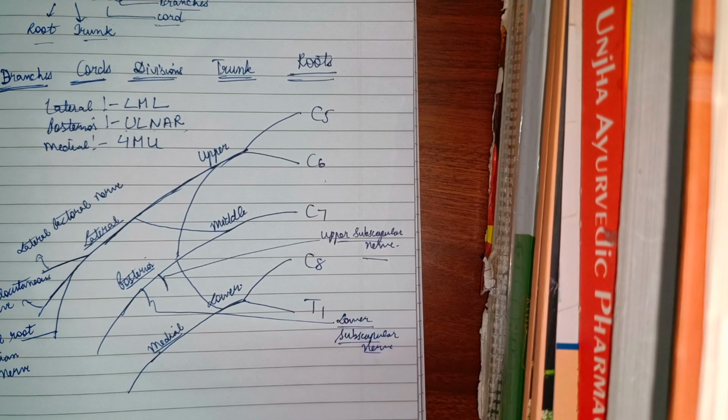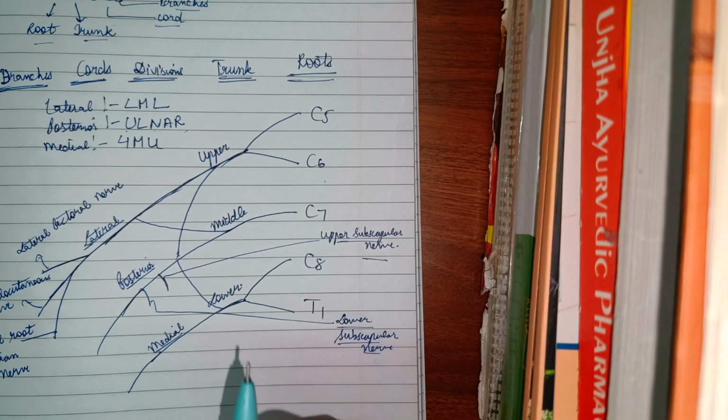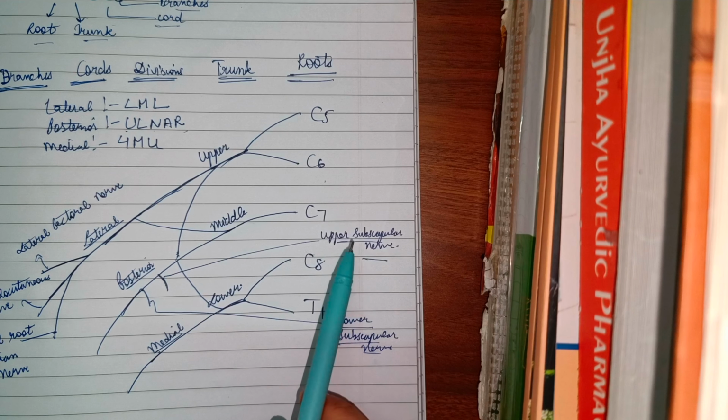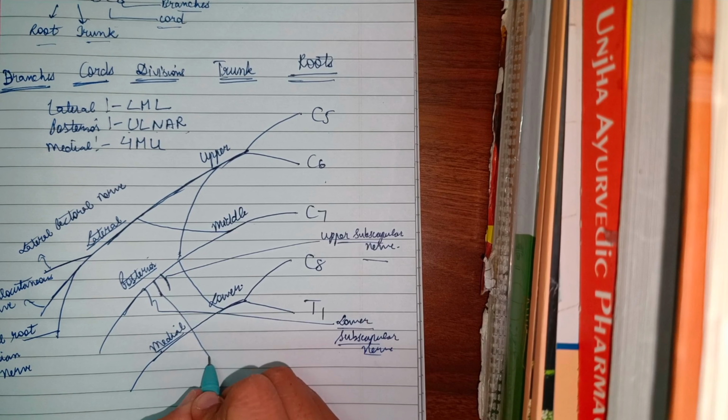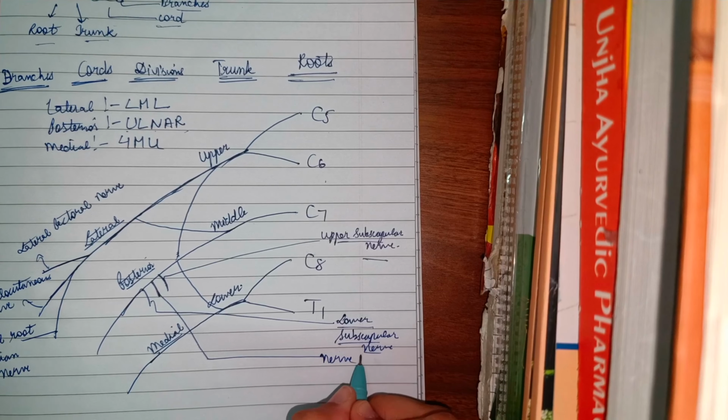And from N it is nerve to latissimus dorsi. Latissimus dorsi is the muscle of back. So remember guys, you have to make nerve to latissimus dorsi in between upper subscapular and lower subscapular. This is nerve to latissimus dorsi.